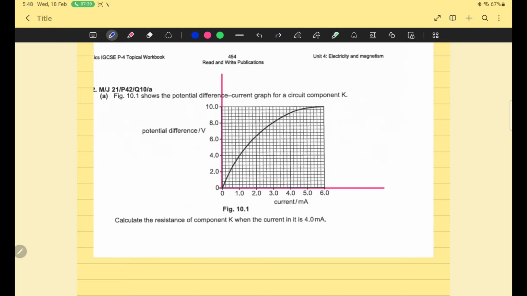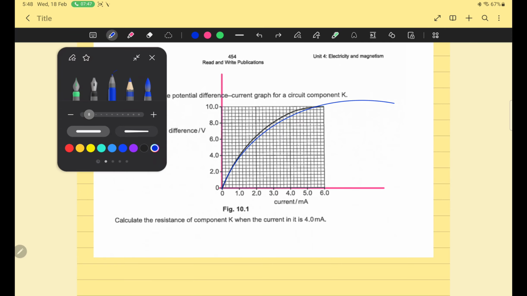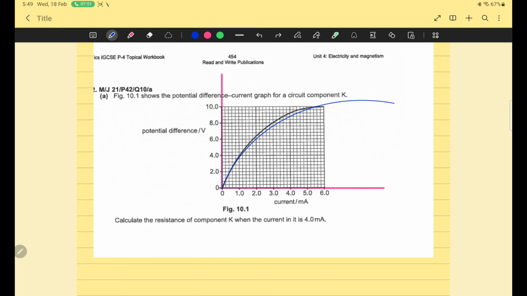It is a curve, and this curve is bending towards the current axis. If a curve is bending towards the current axis, it means the resistance of this electrical component is decreasing.